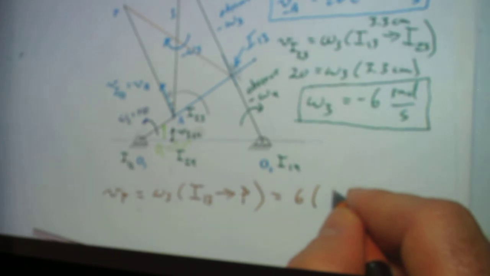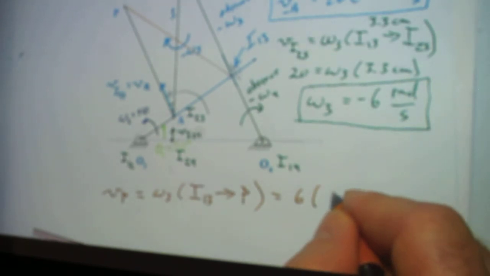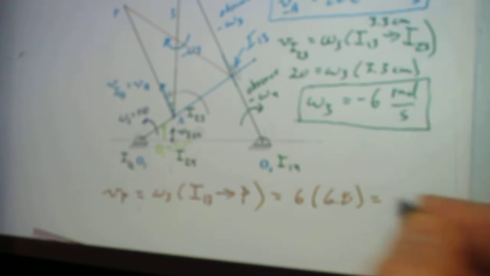And if I measure this distance from here to here, I get 6.8. So that equals 40.8. And because my omega 3 is going negative, that means this thing here is going like that. That is the velocity of P.